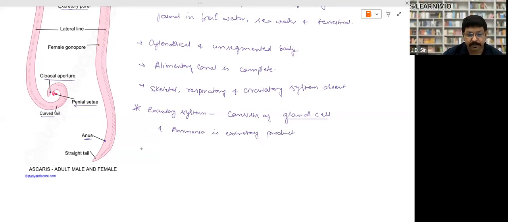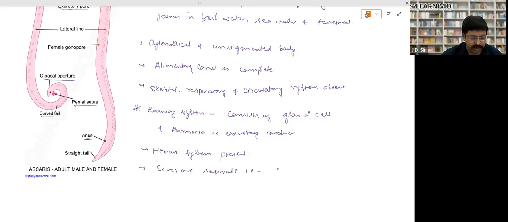Nervous system is present, and sexes are separate. So you can see sexes are separate, male and female separate.